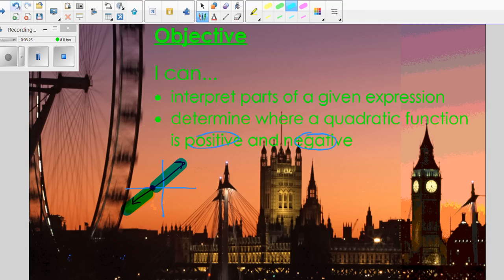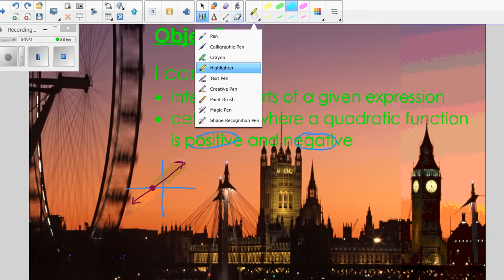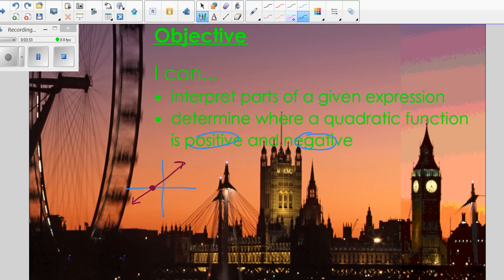So that's kind of hard to see with those highlighters. Let's try something else. So it's positive for the x values that put my function above, and then it's negative for those x values. Right here, it's neither positive nor negative because it's on my x-axis, not above or below. So we'll talk about that.